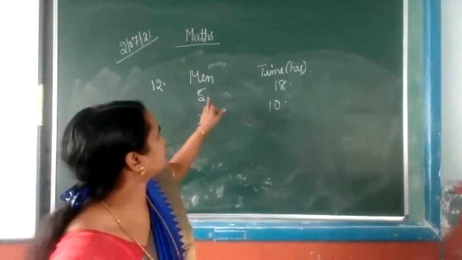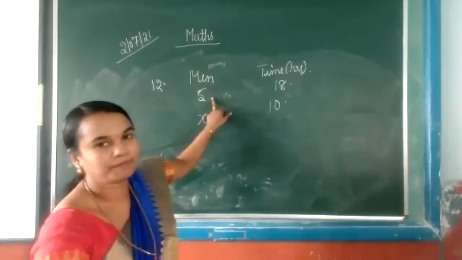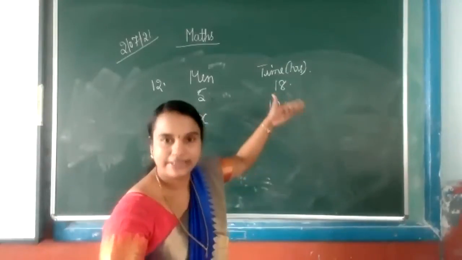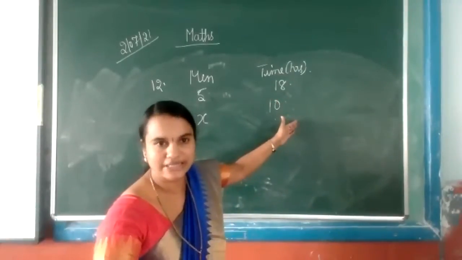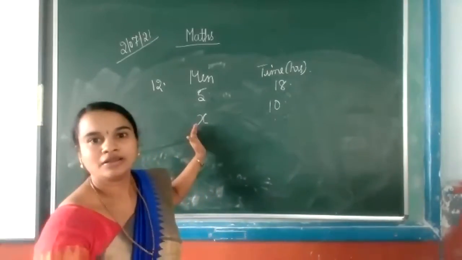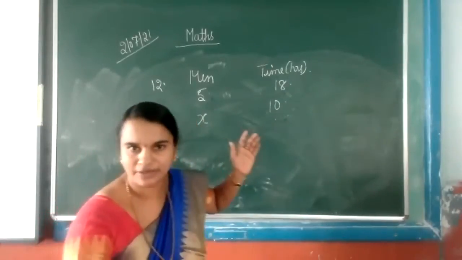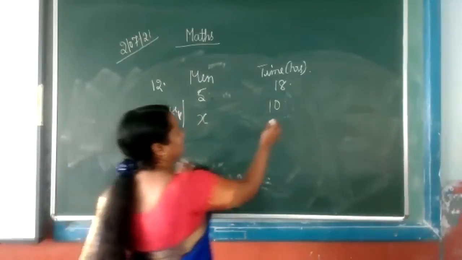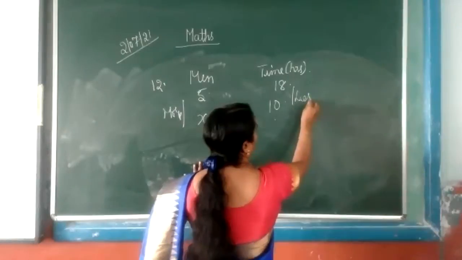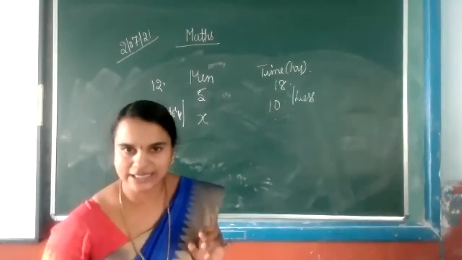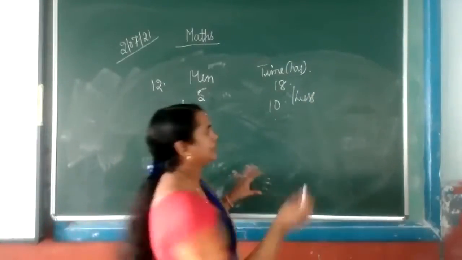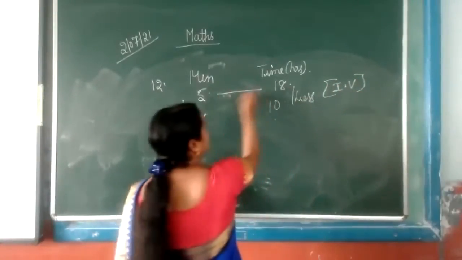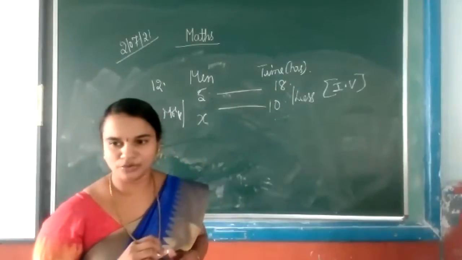Yeah, because if 5 men complete the work, they will take 18 hours. If the time is decreased, it means we want more men to complete the work. So here we will get more and here we will get less. So one is more and one is less. That means it is indirect variables. If it is indirect variables, direct multiplication we have to do.